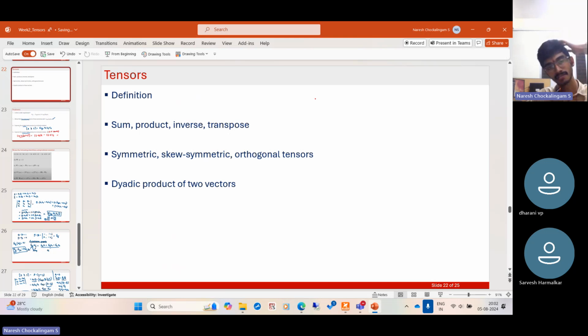There is only one question based on tensors in assignment 2: one based on the dyadic product of two vectors and one based on symmetric and skew symmetric tensors. That you can do, it's not difficult. If you just refer to the videos, you'll get the answers there because those are theoretical questions.